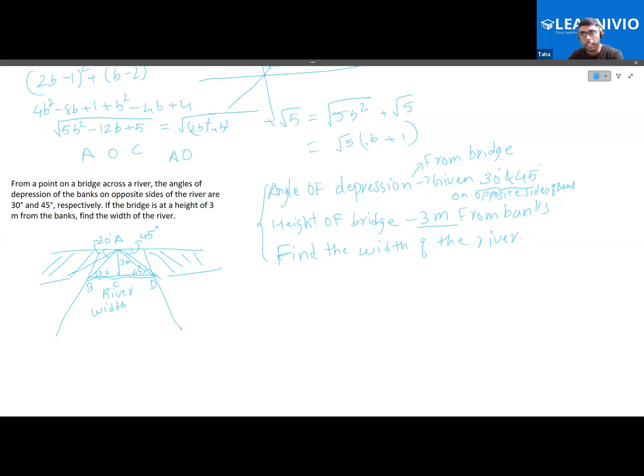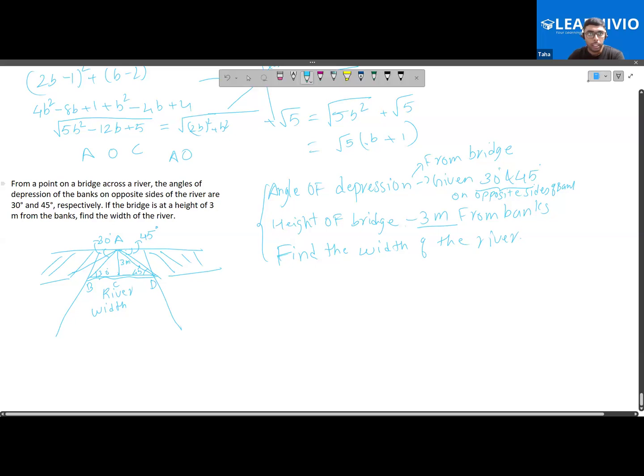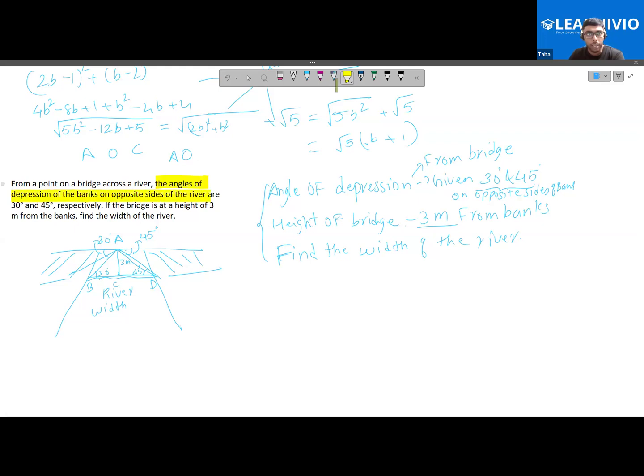We are given the angles. On one side, the angle of depression from the bridge is 30 degrees, and from the other side, it is 45 degrees to the banks. Point A is this point, and from this point, the angles of depression of the banks on opposite sides are 30 and 45 degrees.